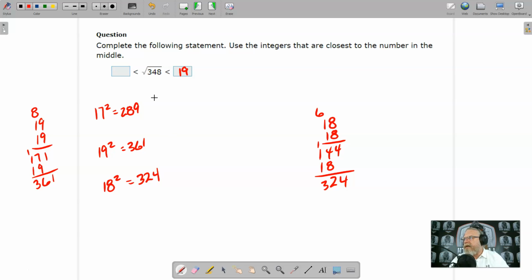So right in between these two values is where 348 falls, right? So if the square root of 324 is 18 and the square root of 361 is 19, then that means that the square root of 348 is going to fall somewhere between 18 and 19.